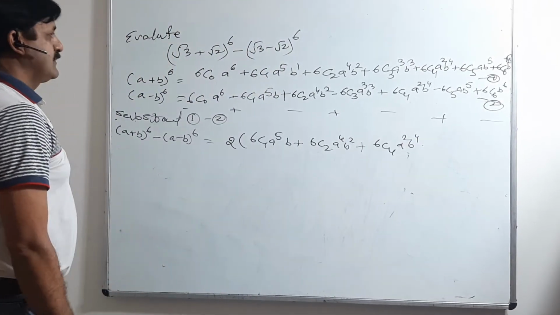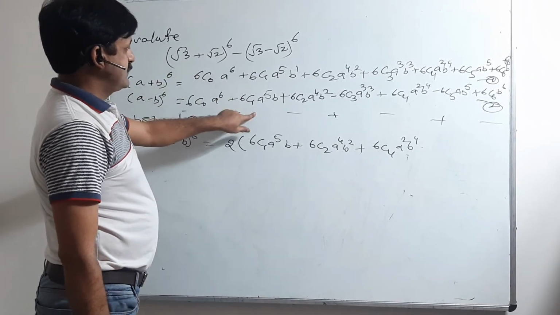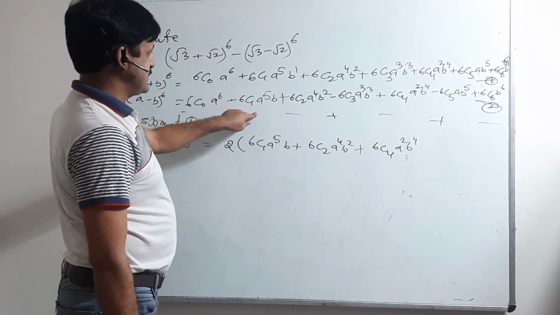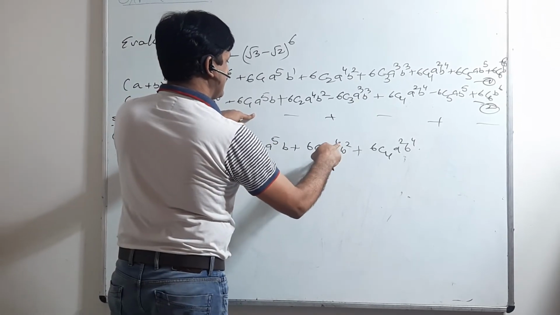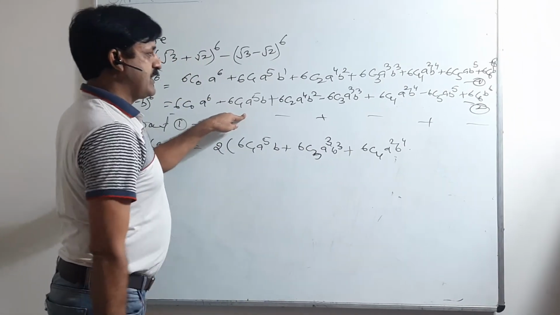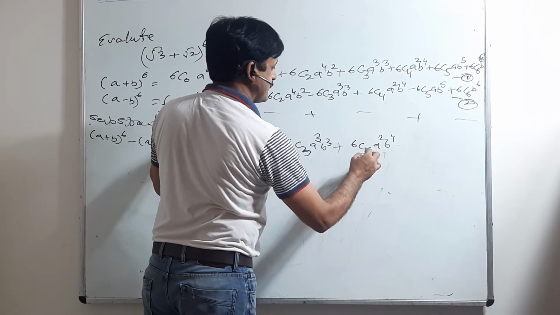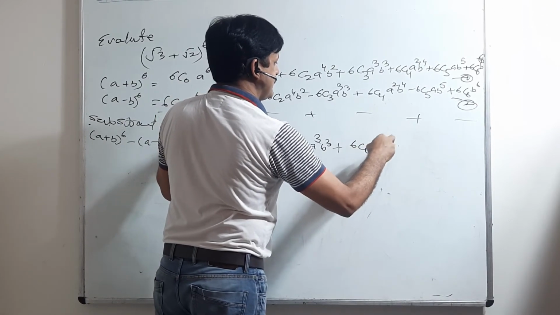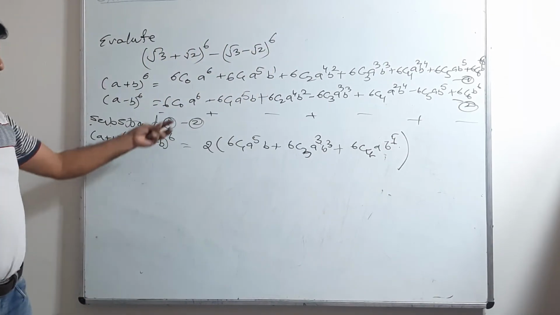Odd place: 6C1 remains, after 6C1 comes 6C3 a cube b cube and 6C5 a b to the power 5 remains. Other values are cancelled.